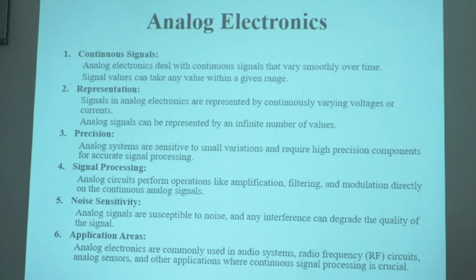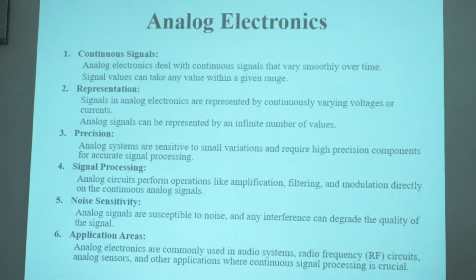Coming to the representation, we have seen that analog electronic circuits are represented by continuously varying voltages or currents, and analog signals can be represented by an infinite number of values.